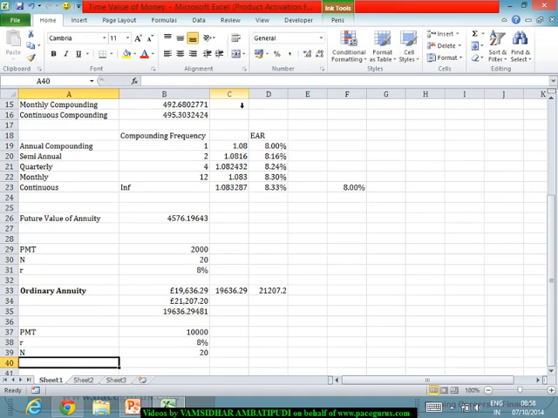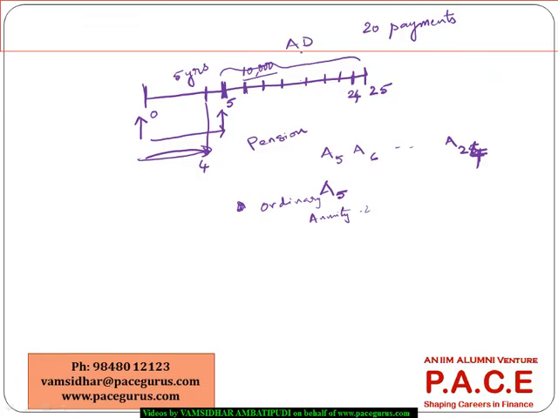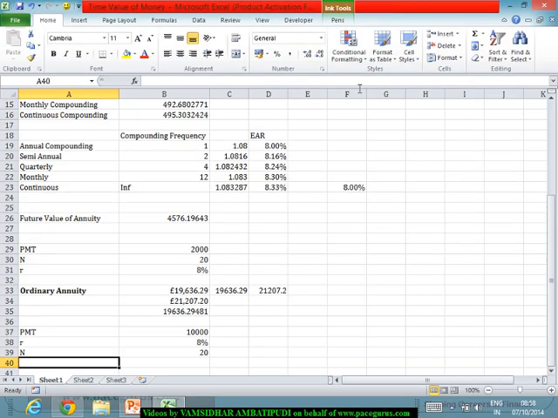So I really need to find out what is the amount that it is accumulating to here. How much amount needs to be accumulated here so that all these payments can be made quite comfortably? What should be the present value at this particular point in time? So if I have to find the present value at this particular point in time, then I am looking at it as an annuity due.